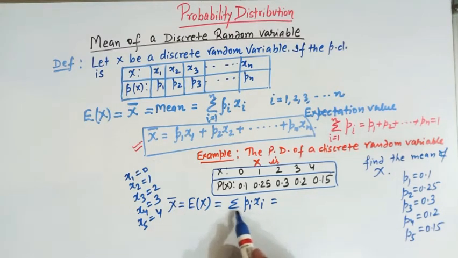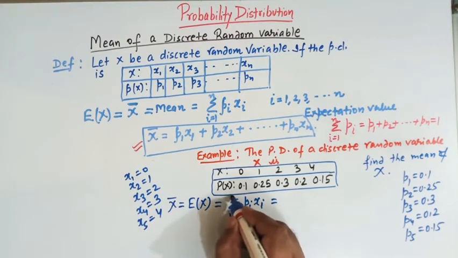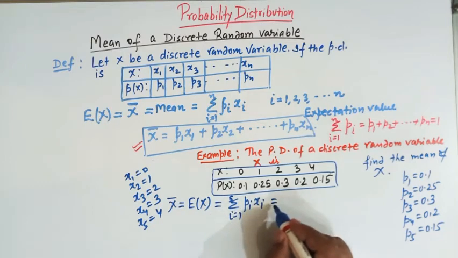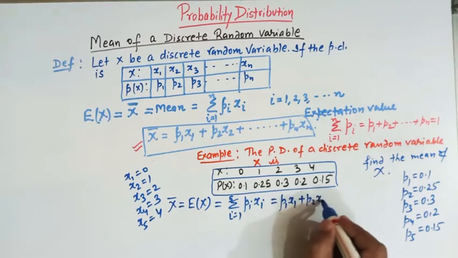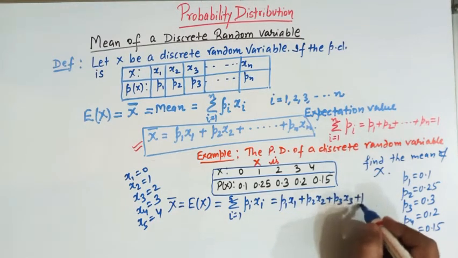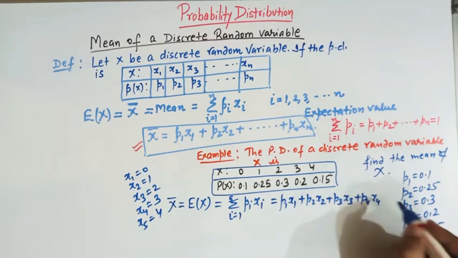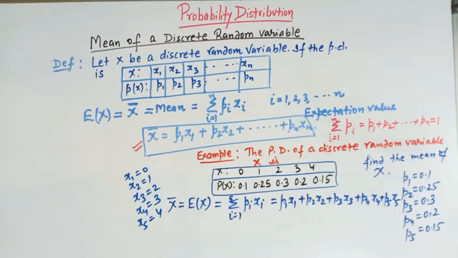So the mean is sigma of pi xi, where i takes the value from 1 to 5, and we can write it as p1 x1 plus p2 x2 plus p3 x3, then we have p4 x4, and then we have p5 x5, right?